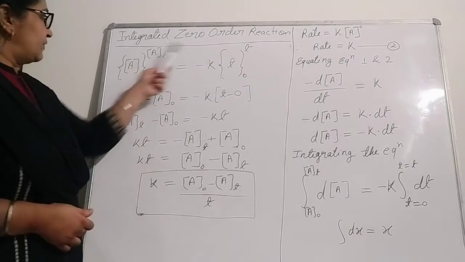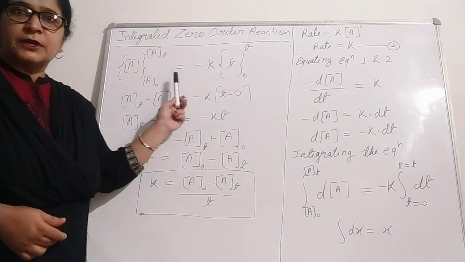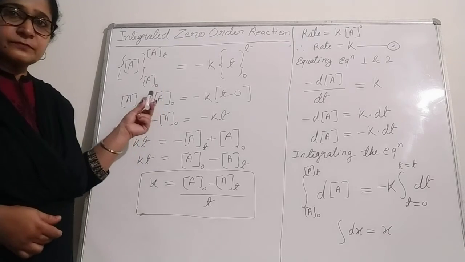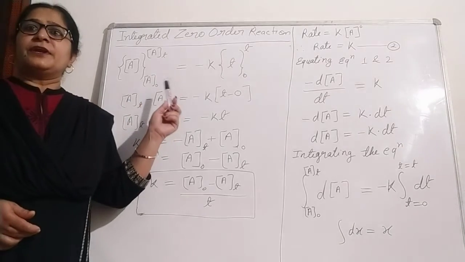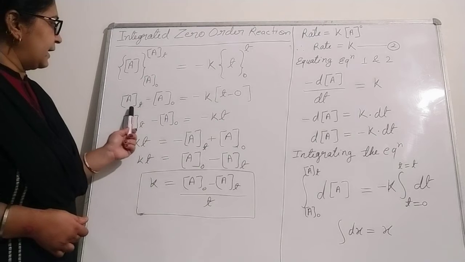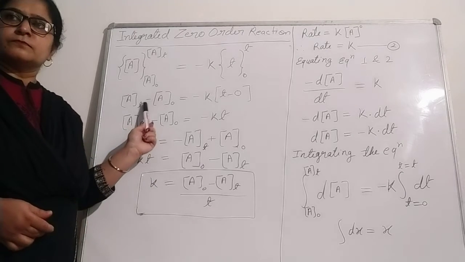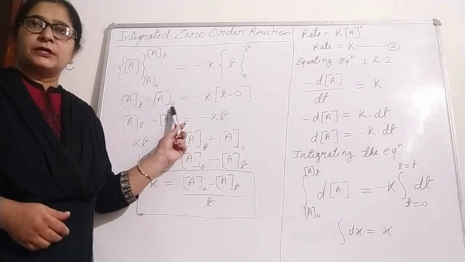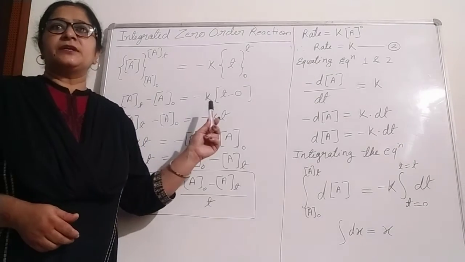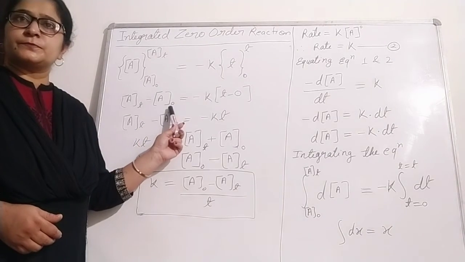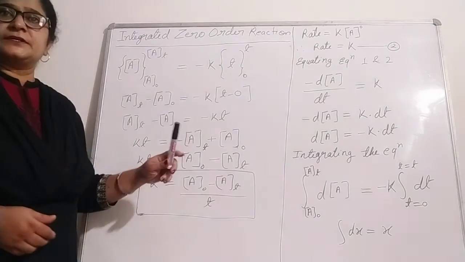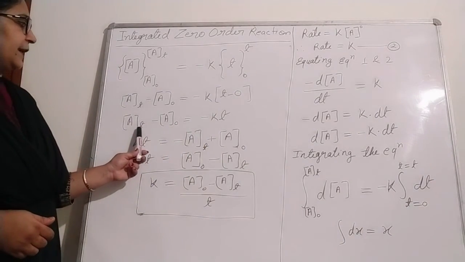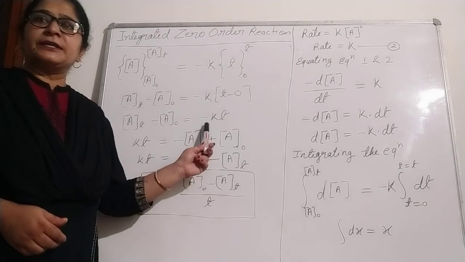So instead of A, we write the upper limit At minus the lower limit A naught, that is the concentration of At minus the concentration of A naught. So we will get the final equation as At minus A naught is equal to minus Kt.